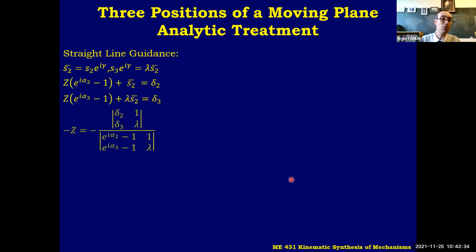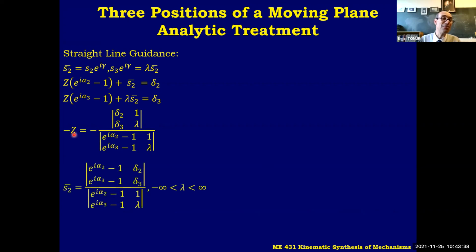So these were the equations I have obtained. I obtained negative z, not z, because negative z actually points to the point I'm looking for, whose three positions are on a straight line from P, and it's just this determinant, okay? And you can also solve for S2, which is a complex number, which is a ratio of this determinant.